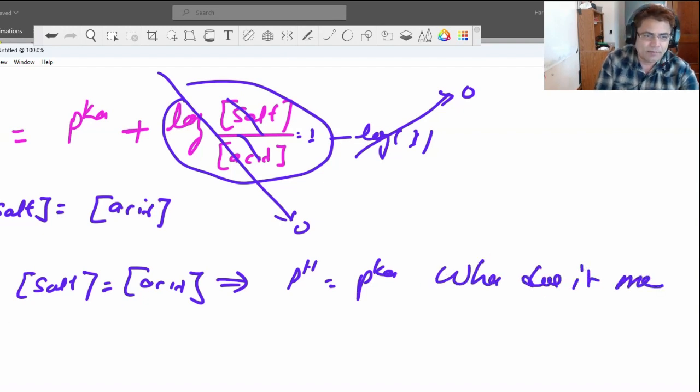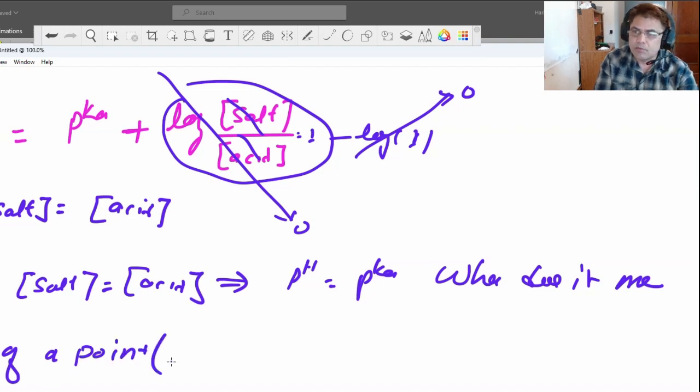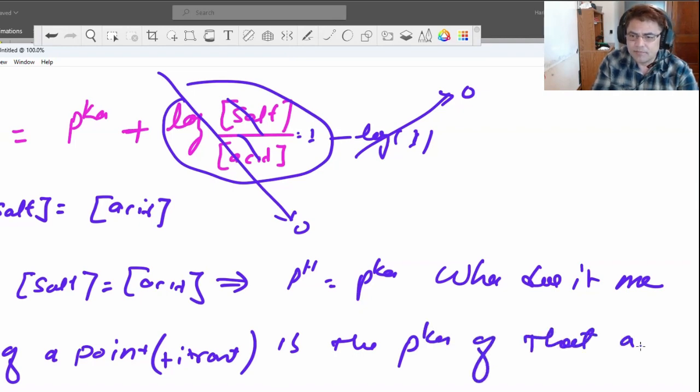It means that the pH of the whole mixture, the whole beaker, is the pKa of that acid if salt and acid are equal.